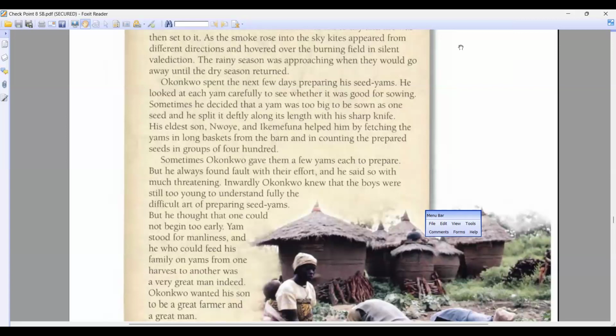Or can you believe one is never too young to start learning about yam planting? True. Why? The boys were too young to understand fully the difficult art of preparing seed yam.